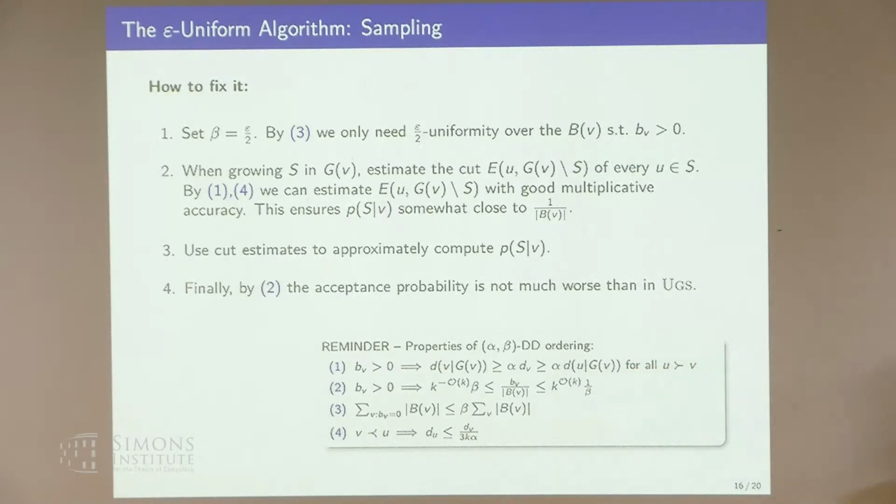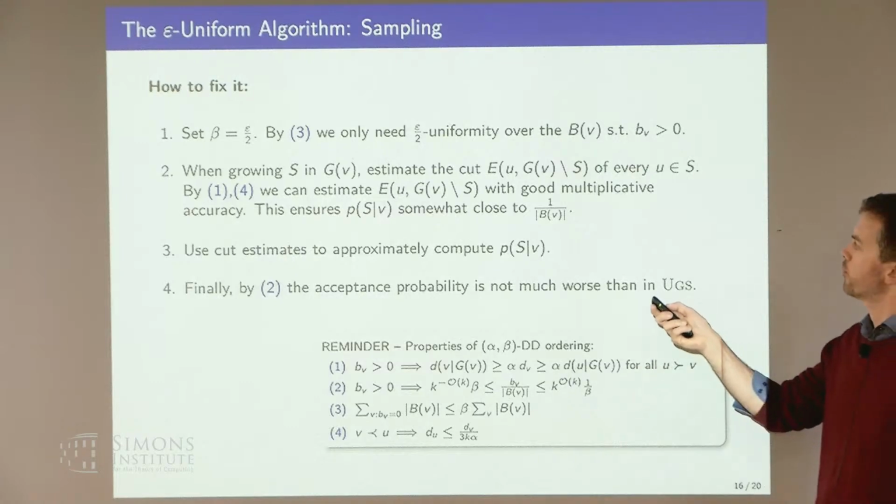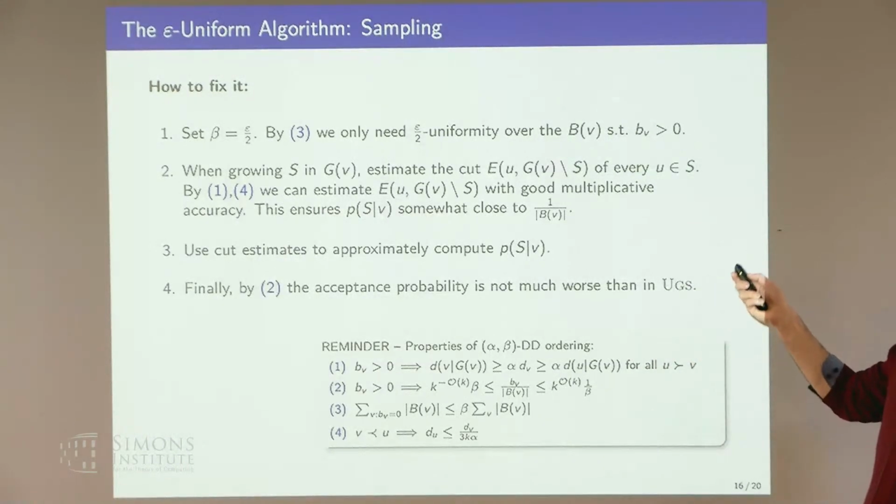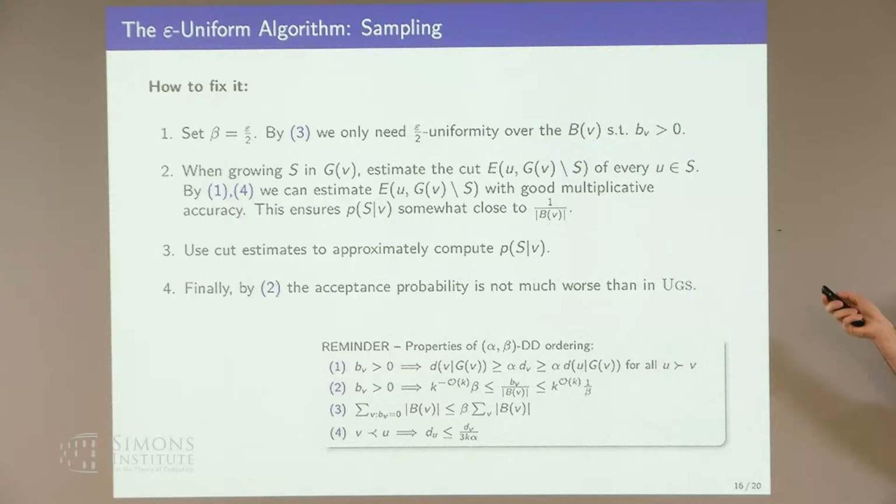So now, if we achieve epsilon over 2 uniformity over the buckets with positive size estimates, by the triangle inequality over the total variation distance, we will be epsilon uniform overall.